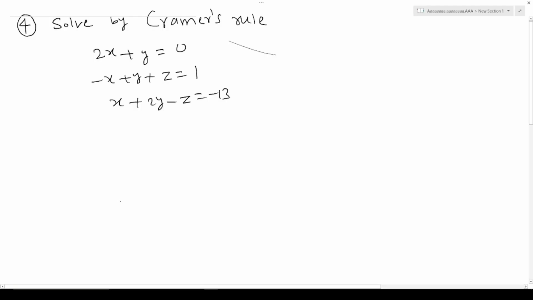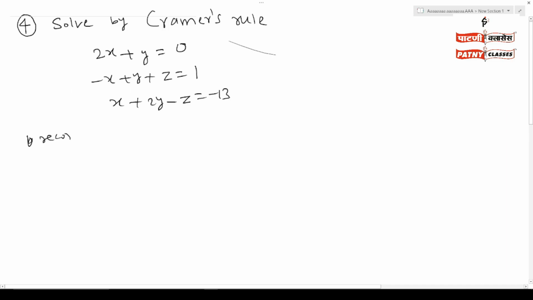Solve by Cramer's rule. 2x plus y equals 0, minus x plus y plus z equals 1, x plus 2y minus z equals minus 13. Now here in the first equation z is absent, so we rewrite the equation.